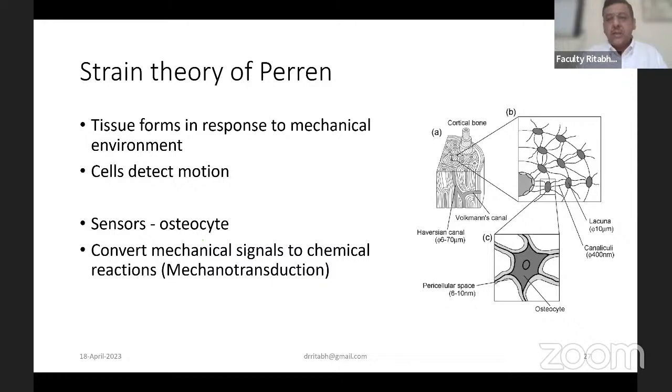These reactions then help form bone or lyse or destroy the bone. So the osteocyte, which is the most abundant cell in the bone, is a mechanosensor which senses motion and converts that into chemical reactions.